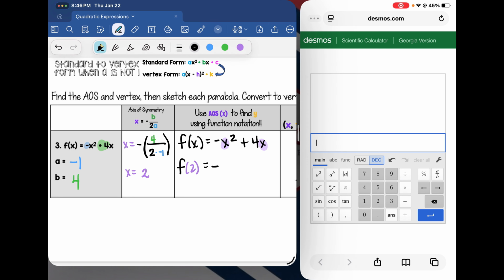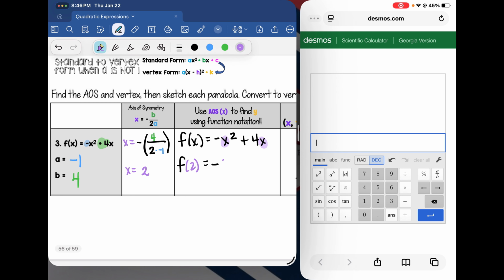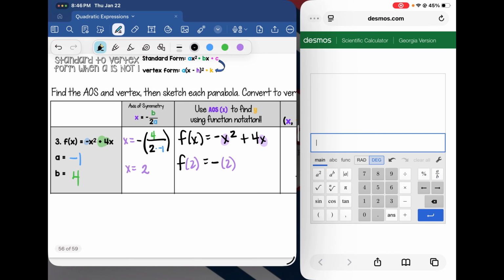So negative times x, which is 2, squared plus 4 times 2. Use your calculator to find f of 2. And you should get f of 2 is equal to 4.